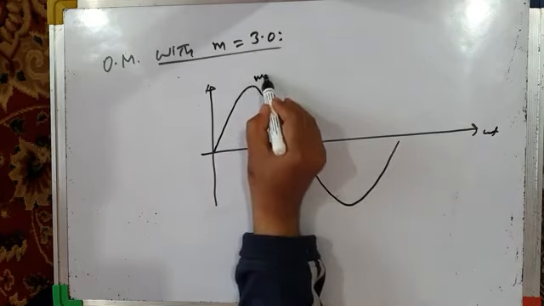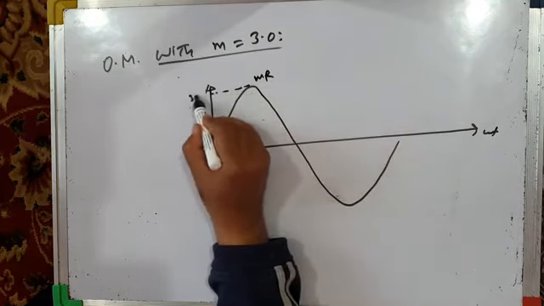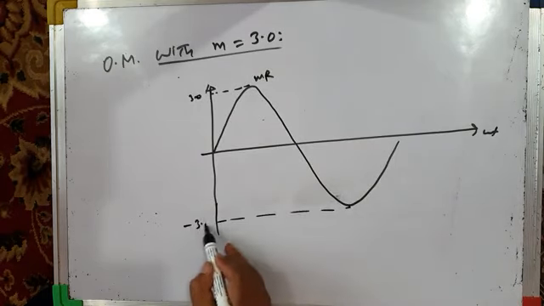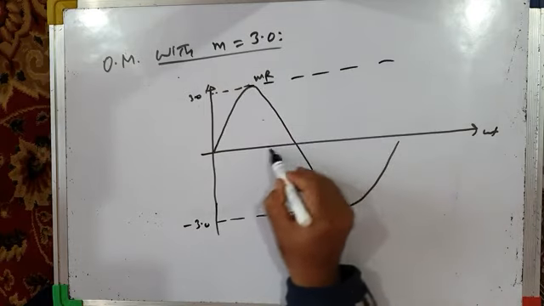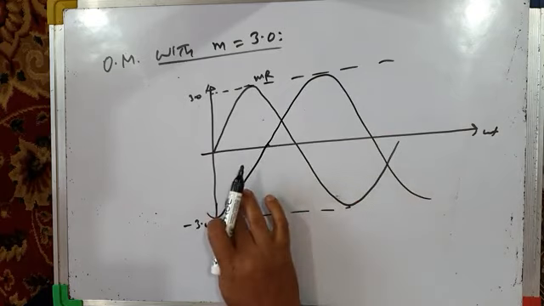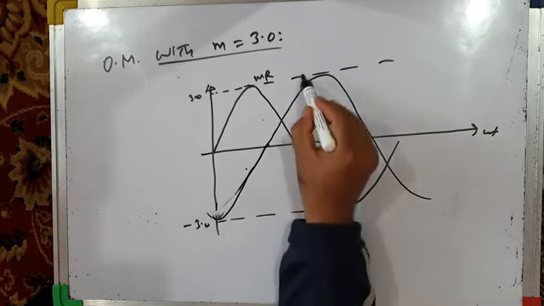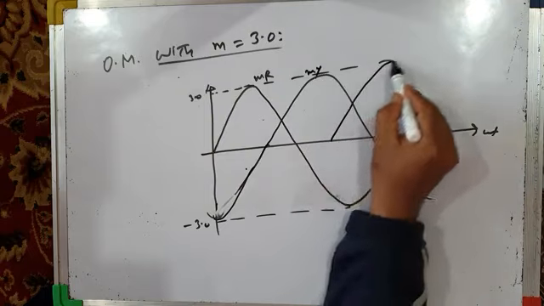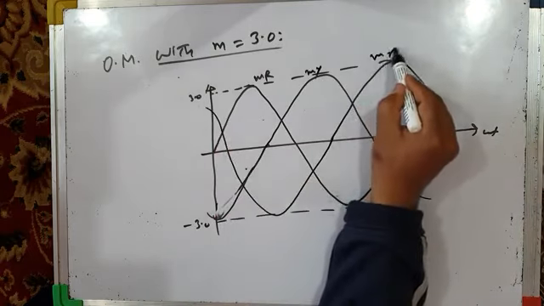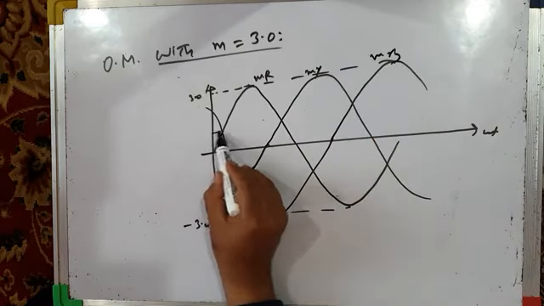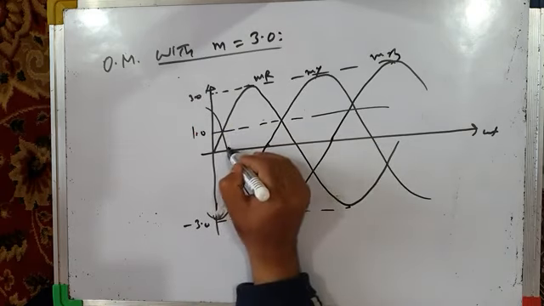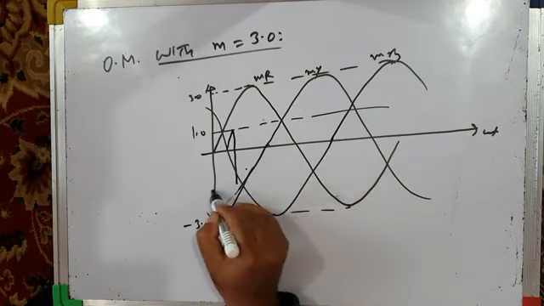This is MR, peak value is 3.0, and negative peak is minus 3.0. This is MY and this is MB, right? This is 1. So this is 3 times this. Your carrier will be 1 to minus 1 like this.